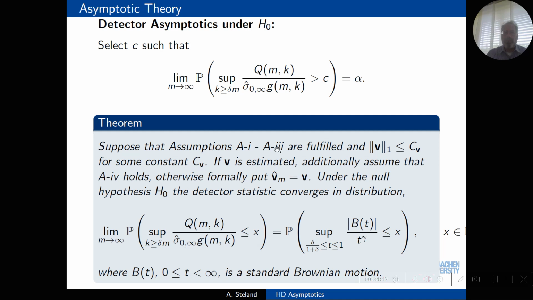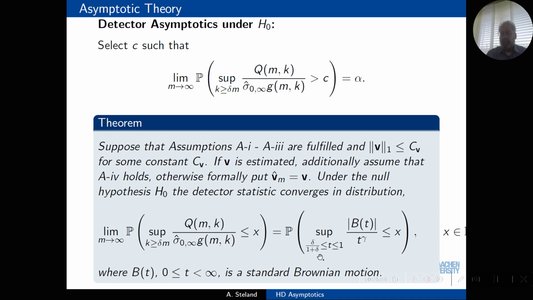So the limit of the probability distribution of this detector statistic converges to the corresponding functional of Brownian motion divided by t over gamma.